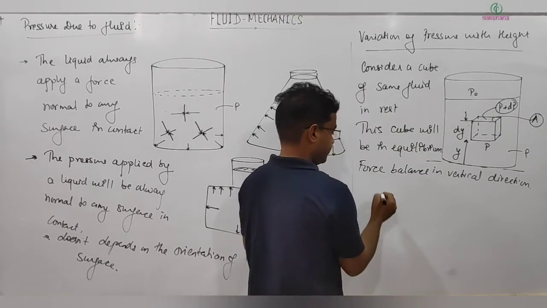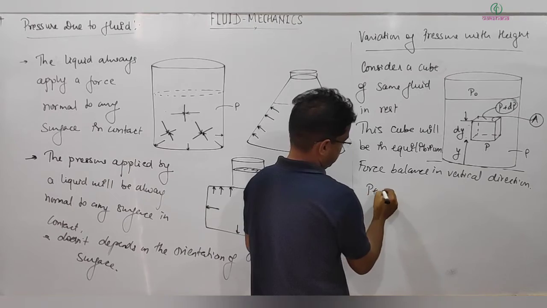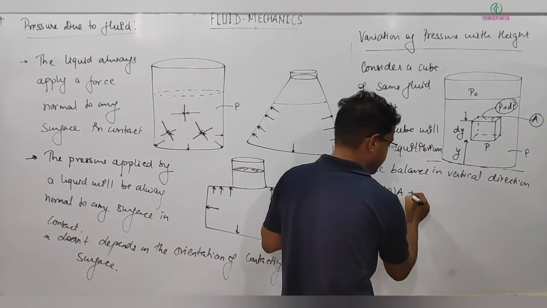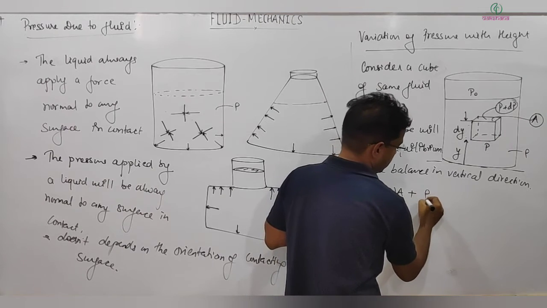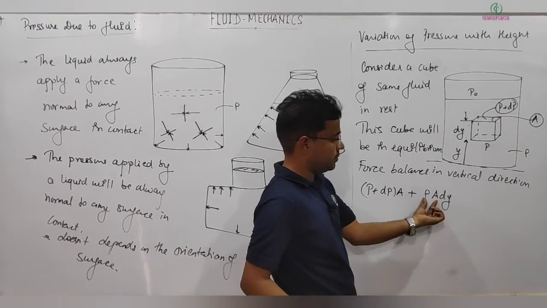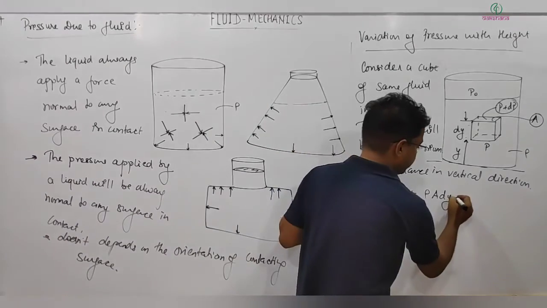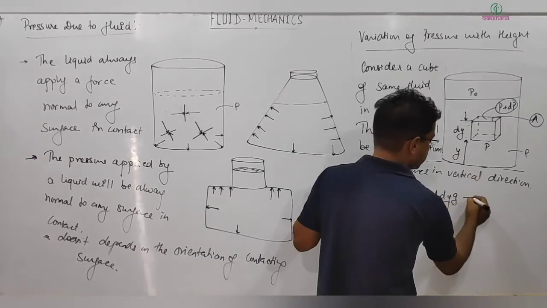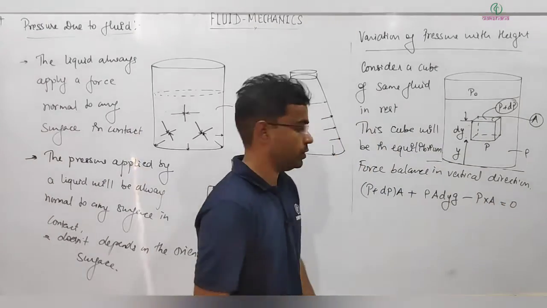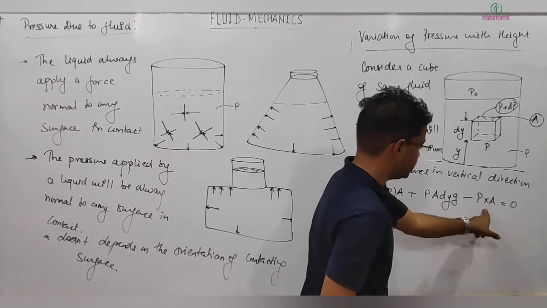Net downward force, I can write, P plus dP multiplied by its area, plus its weight. Weight will be equal to what? Rho into A into dy, density into volume, multiplied by g. Upward force is P into area, and that should be equal to what? 0.